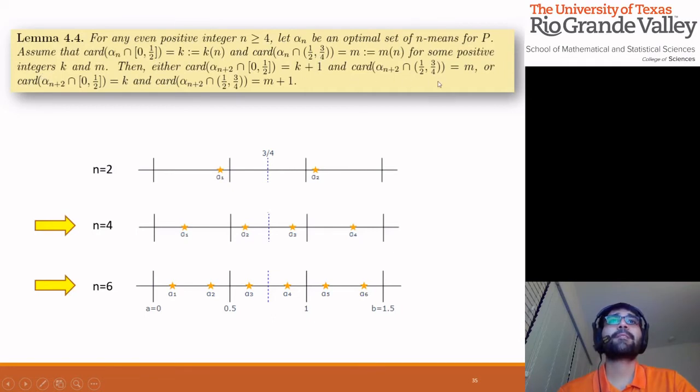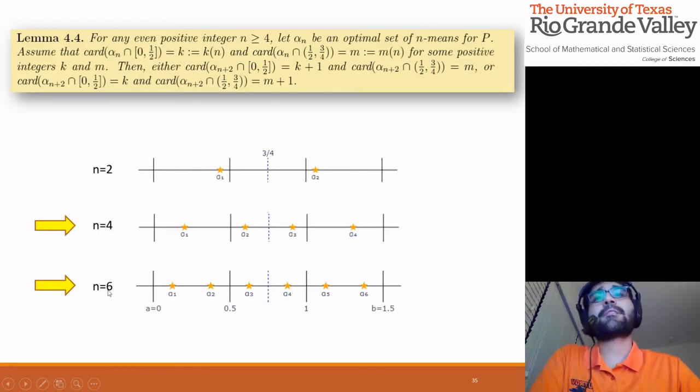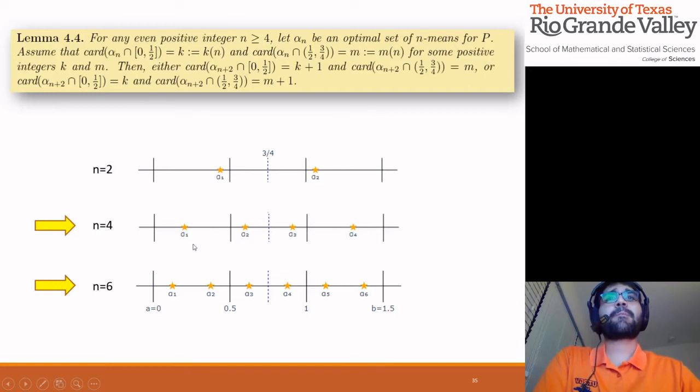What this is basically saying is that for example, when n equals 4, if we go to the next even positive integer, 6, we expect to have another quantizer either in the first interval or the second interval.